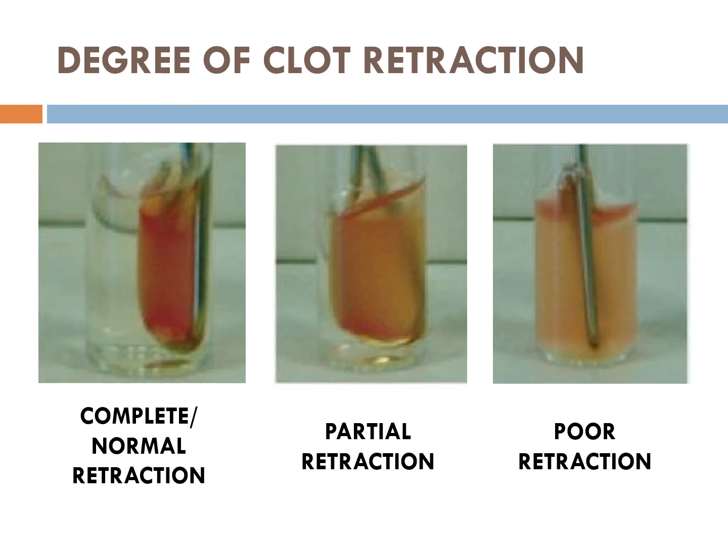Also notice the amount of serum present in the tube. For partial retraction, the clot starts to detach from the walls of the test tube, but only a small amount of serum can be seen. For poor retraction, the clot has not yet detached from the walls of the glass test tube, and no serum is seen in the sample.